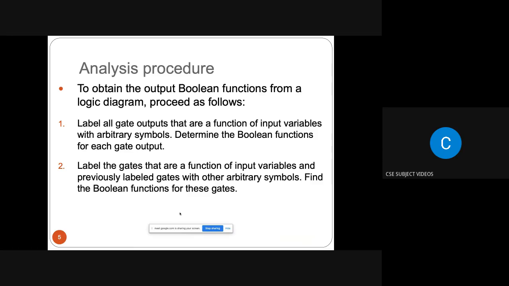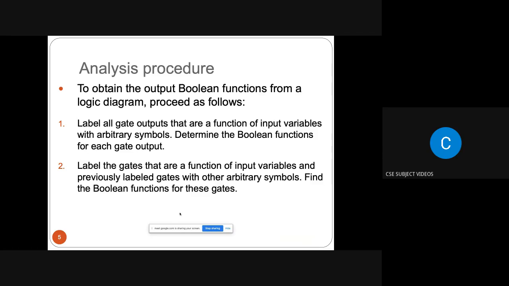First, we will see the analysis procedure. After that, we will discuss the design procedure. In the analysis procedure, as I already said, we have to find out the Boolean function and the truth table. For this, a circuit will be given, and for that circuit we have to identify the Boolean function and the truth table.